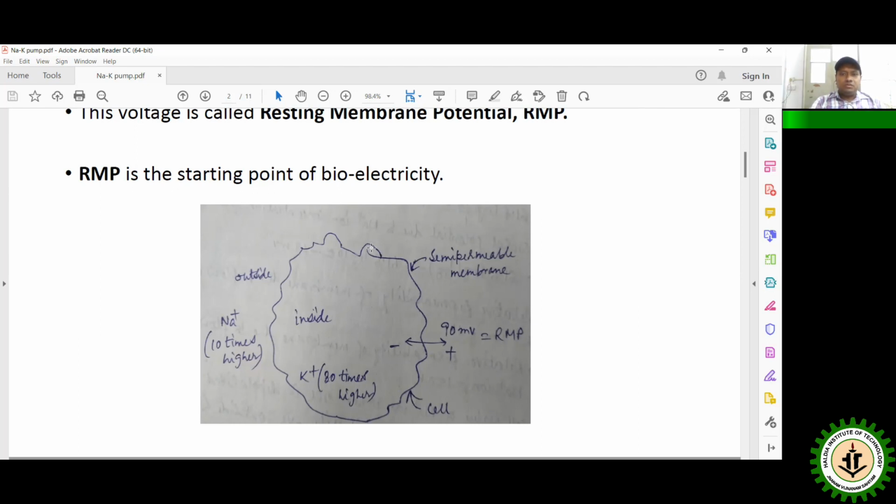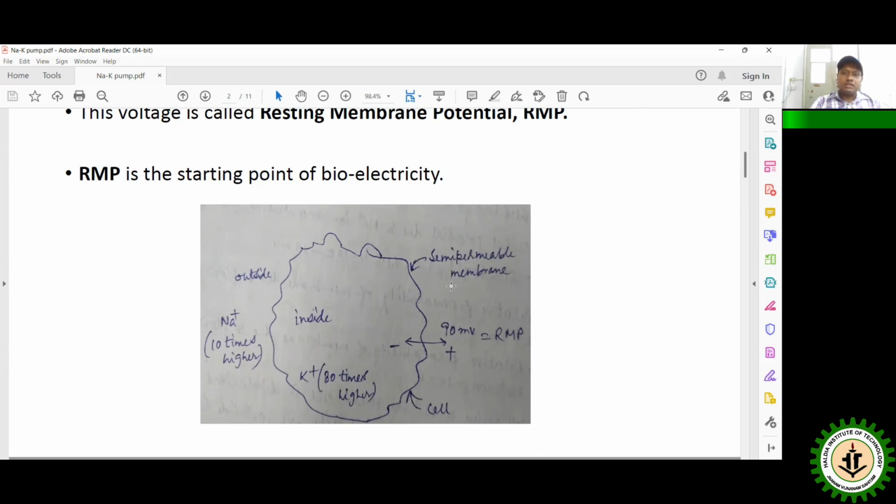Now, due to the semi-permeability of this membrane, all the ions are not allowed to enter inside the cell. Similarly, all the ions are not allowed to exit out of the cell. From the intracellular fluid, not all ions are allowed to go outside, and from the extracellular fluid, not all ions are allowed to enter the cell.